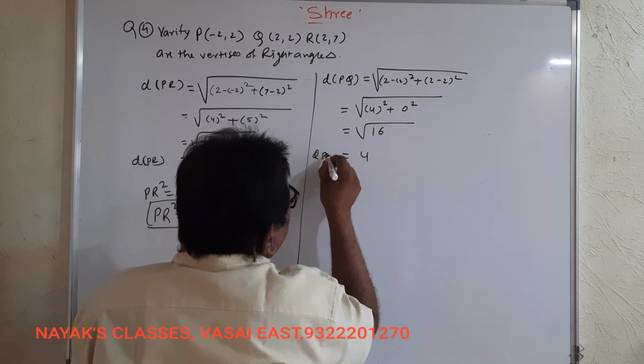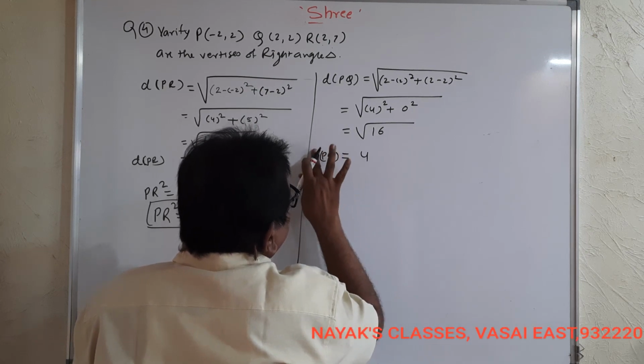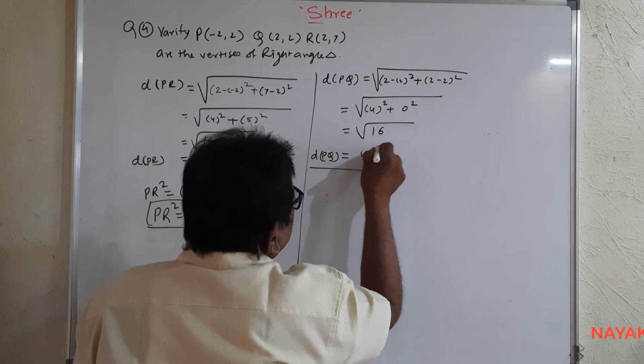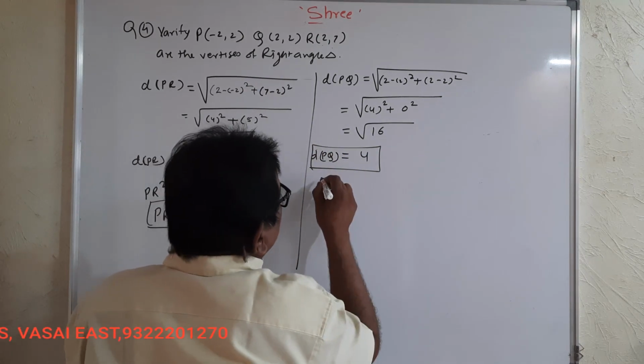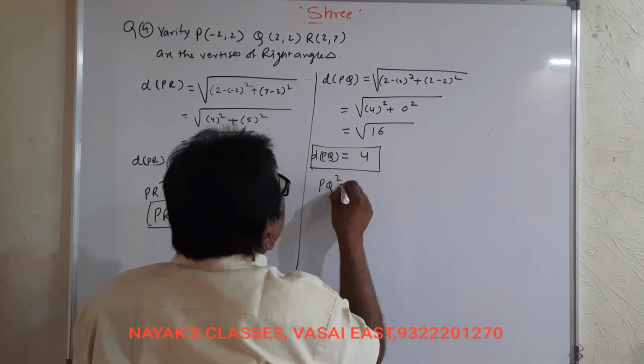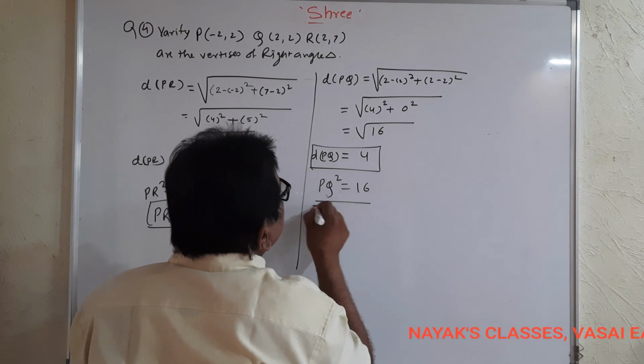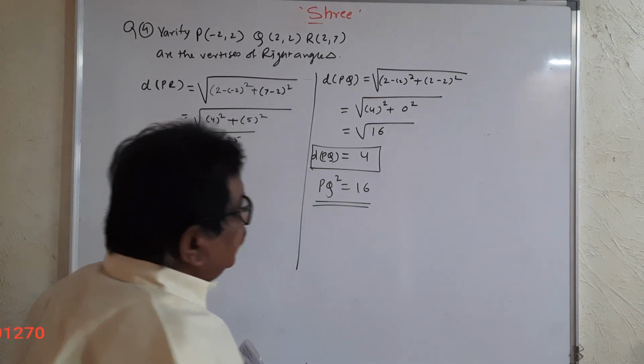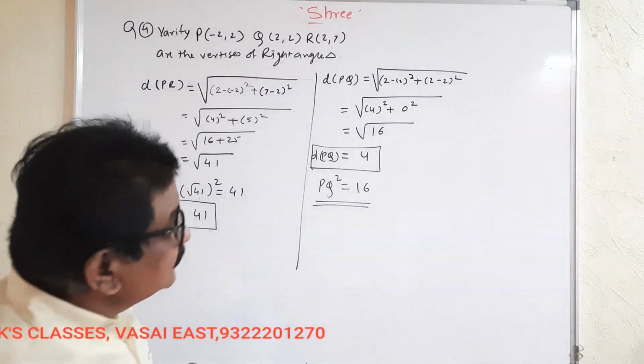So distance PQ is equal to 4. So PQ square is equal to 16.